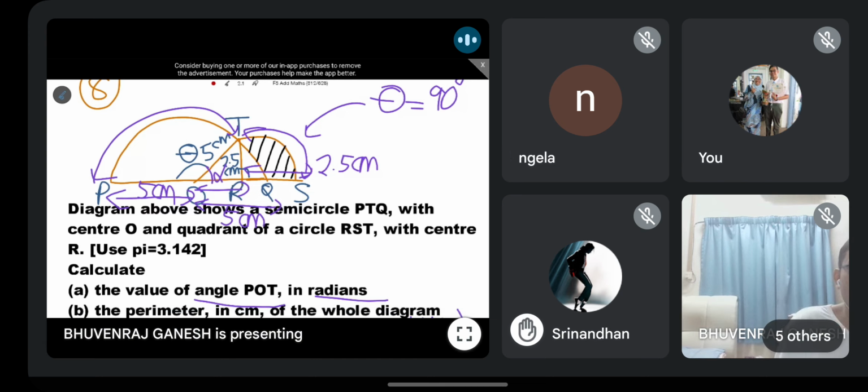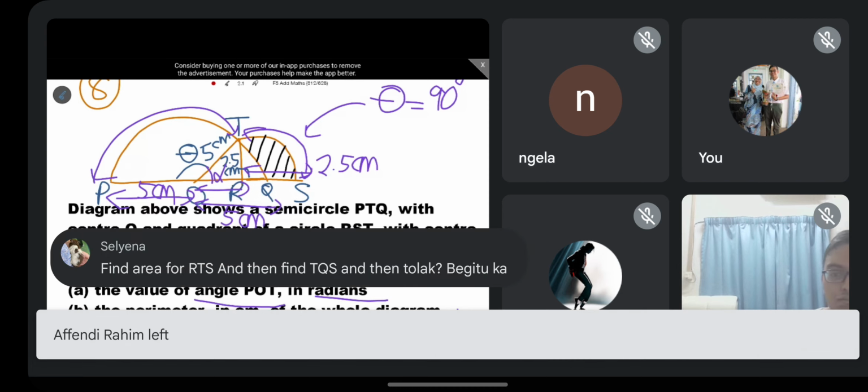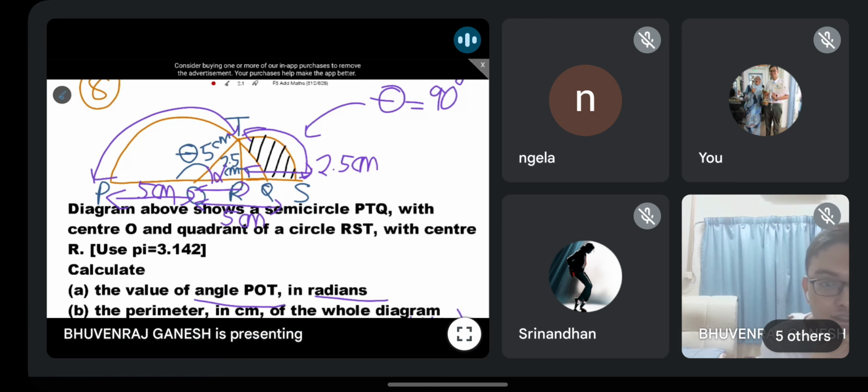So can you all tell your idea in the chat box? How to get that shaded region? Macam mana dapat kawasan berlorek? Find area for RTS and then find TQS, and then tolak.